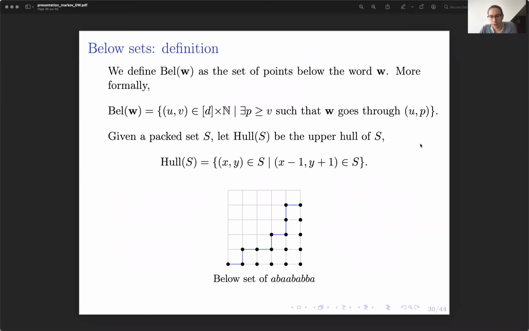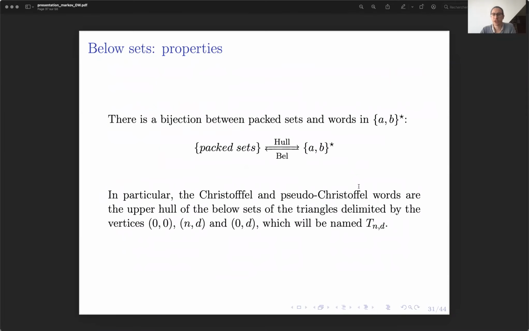And with that, we can define the below set of a word. And the hull of a below set was a word, a path. And we have a bijection between the packet sets and our words, with something on the Christoffel and pseudo-Christoffel words when we use the triangles.